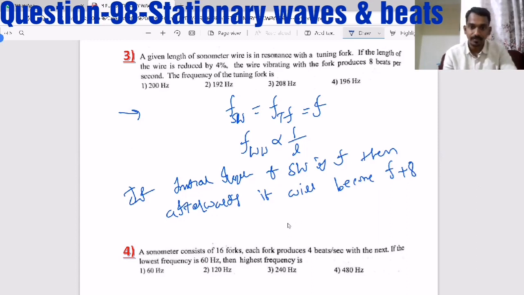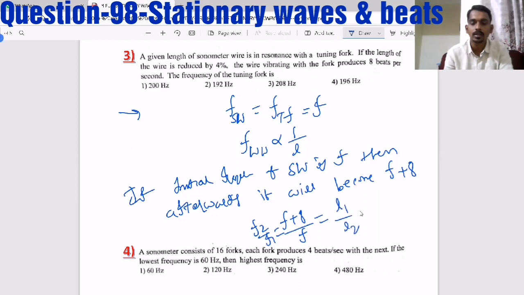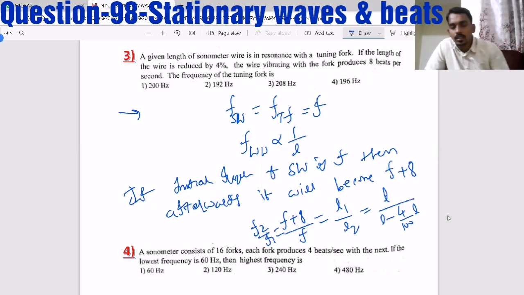So F plus 8 by F, that means F2 by F1 equal to the ratio L1 by L2. Now L1 is L, and L2 is L minus 4% reduced, that is 4 by 100 of L. Now if you solve this one, you will get the value of F. So again, they try to connect with beats and vibrating strings. Like that, they can give difficult or typical or logical questions based on beats connecting with stationary waves and the Doppler effect.